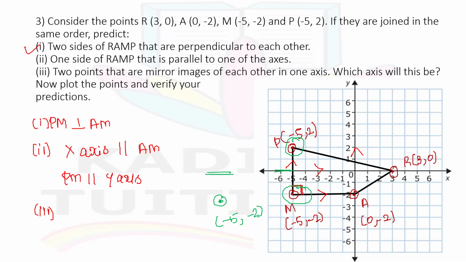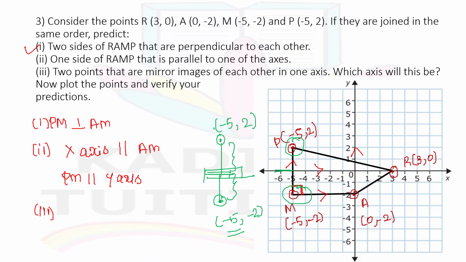Then at the same distance the image also needs to be there. So here it is -5, and over here also it is -5 only. Only the sign changes for the y coordinate. That's why I'm saying this is a mirror image. This distance and this distance are going to be the same. Then I can say it's a mirror image. Which axis over here acts as a mirror? It's nothing but the x-axis.